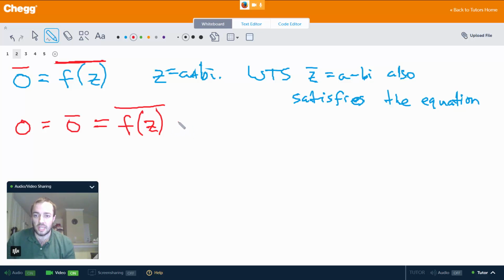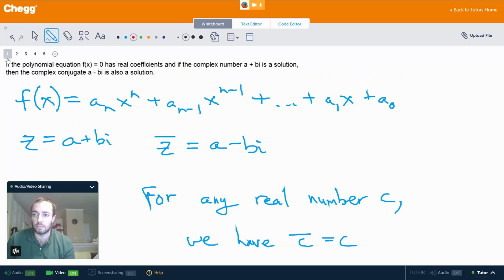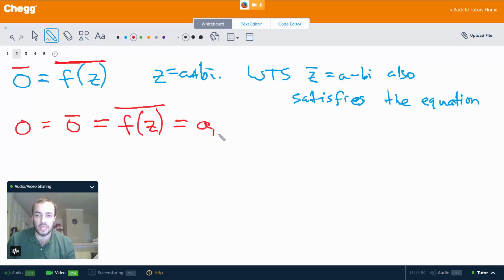But what is f of z in terms of the polynomial? Well, remember, f is given by this right here. So in terms of z, what we have is a sub n z to the n plus a sub n minus 1 z to the n minus 1 plus dot dot dot plus a sub 1 times z plus a sub 0. And this whole thing has a bar over it.